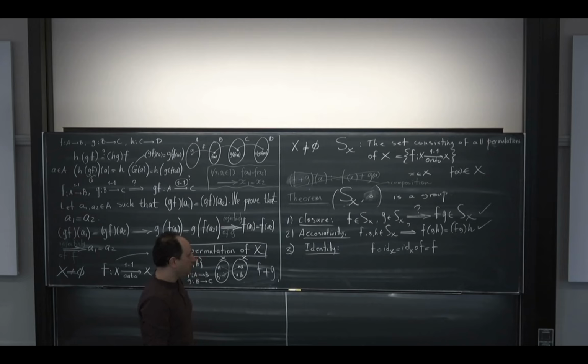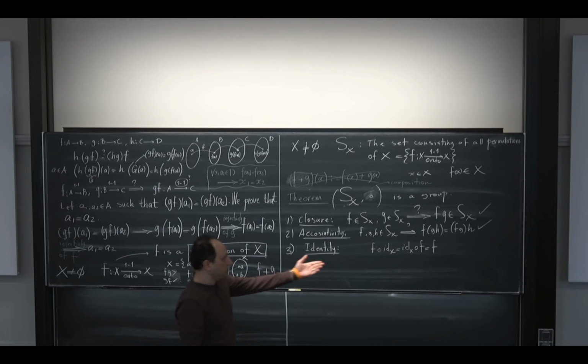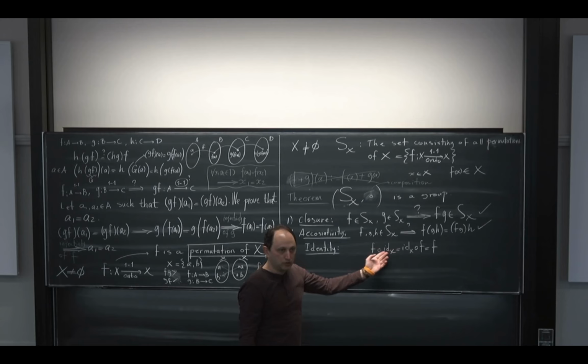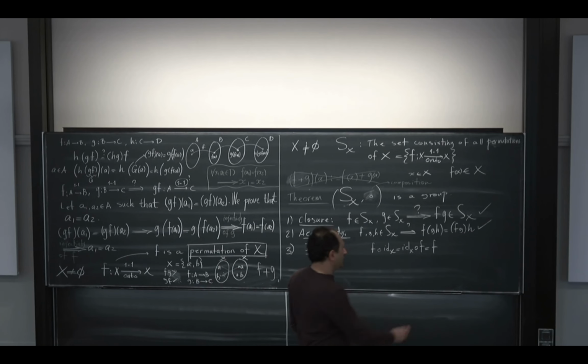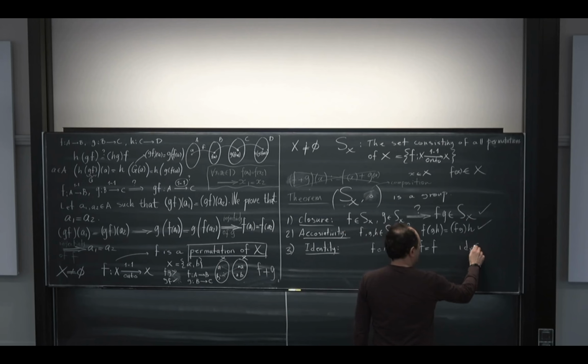So F∘IDX, do you agree that this is correct by the definition of composition on ID? But what you have to make sure is that IDX actually lives in S sub x. Is it there or not? Yes, identity is a bijective. Do you agree? Yes. So it's bijective, and yes, emphasize that definitely this is in X. So that is also finished.